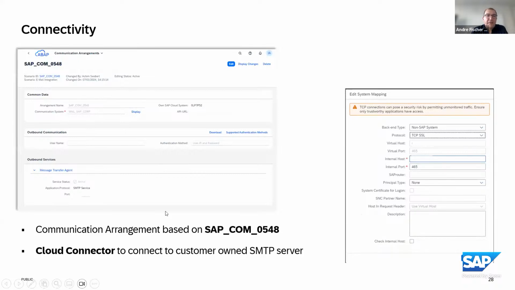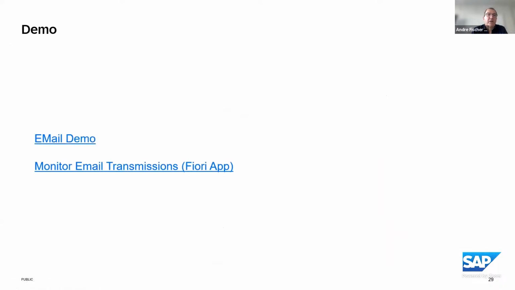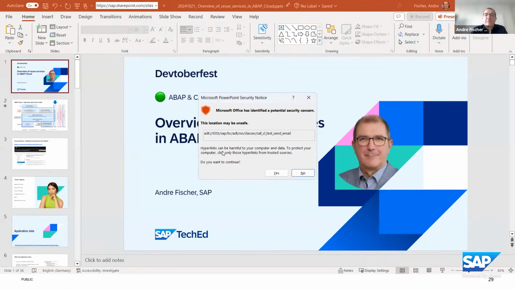In terms of connectivity, you have to create a communication arrangement based on a communication scenario SAP_COM_0548 that basically contains the information to connect to your SMTP server. And as I said already, you need the cloud connector in order to connect from sub BTP to the customer-owned SMTP server. So let's start here with a demo again.